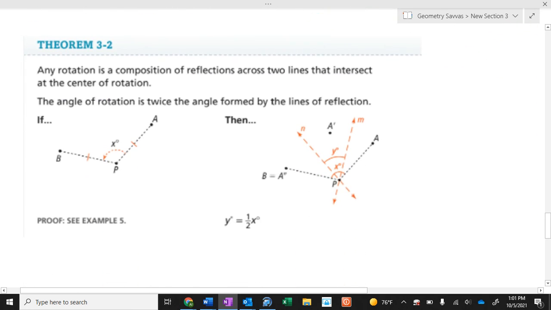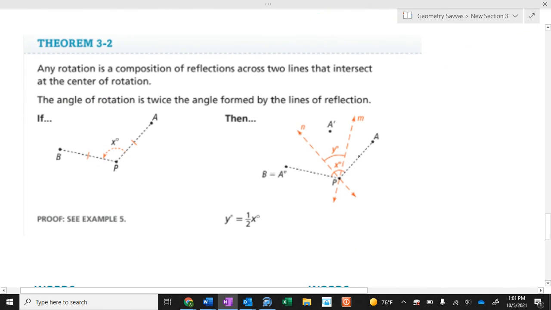Now, when you have a double rotation, or a double reflection, if you reflect across a line and then reflect across a line again, remember how if there were two parallel lines, you went 2 times the distance between the two parallel lines? Well, what happens here is you're going to go 2 times the angle between these two lines, is how many degrees you rotate.